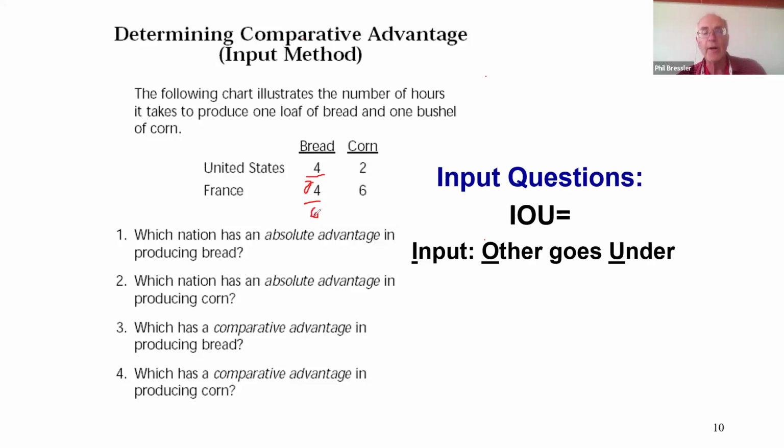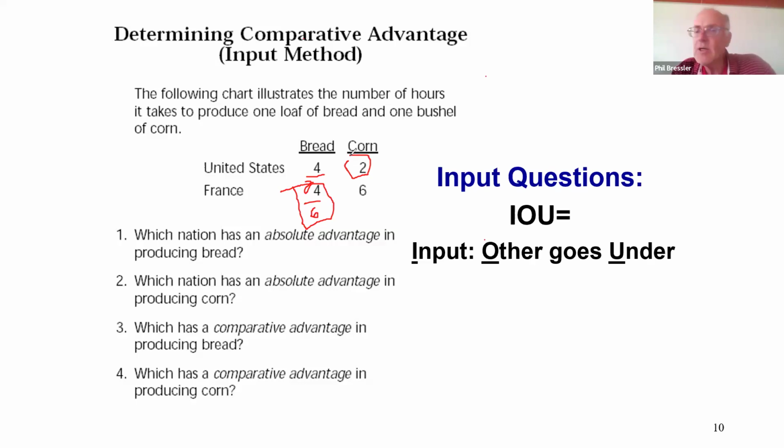I know 4 over 2 is 2, and 4 over 6 is less than 1. So France, we're always looking for the smallest opportunity cost, has a comparative advantage in bread, and the United States has it in corn. The United States would specialize in corn and trade it to France for bread.